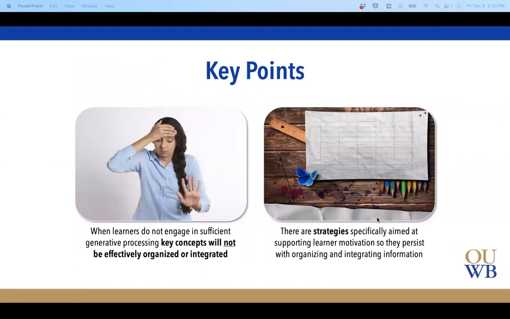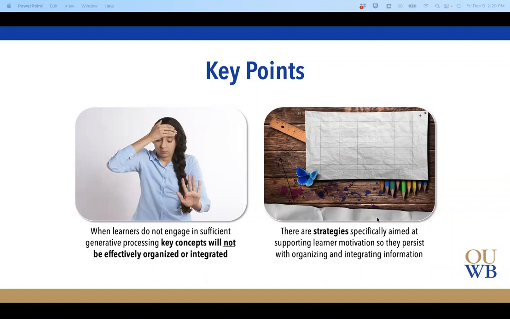So, key points related to generative processing before we get into the strategies themselves. One, when learners don't engage in sufficient generative processing, the key concepts will not be effectively organized or integrated. So again, they have to have already selected the correct words and the correct images from your session. And once they've done that, then they can begin that process of organization and integration.